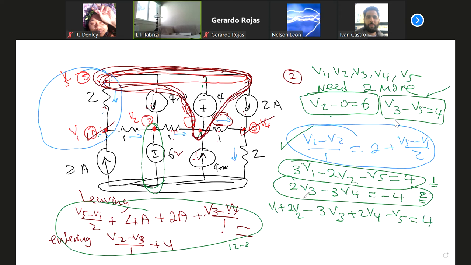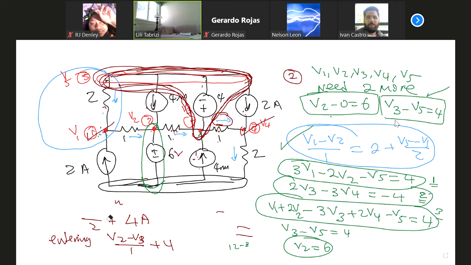Again, double check, please. So this is equation number 3. Then put the other 2 equations you obtained by voltages, V3 minus V5 equal to 4, and V2 equal to 6. Okay, now go back and substitute.